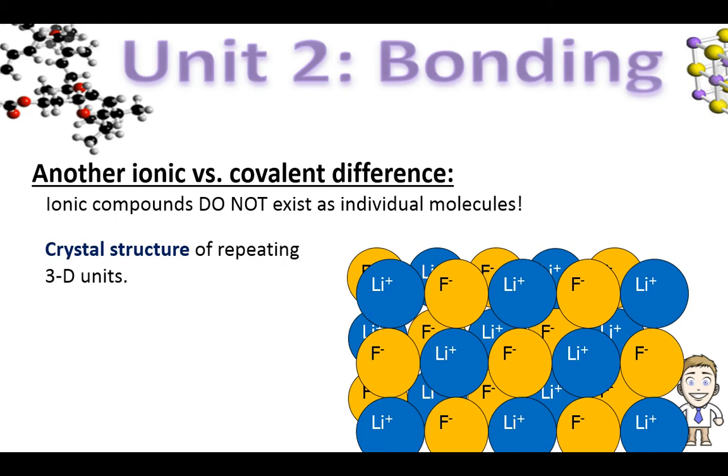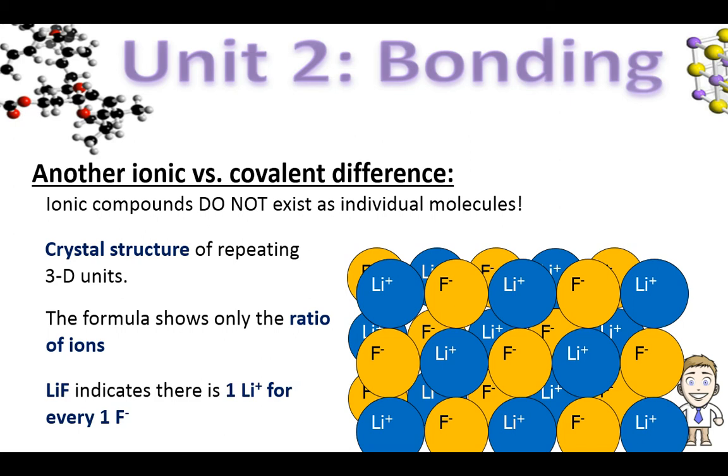What we call this is a crystal structure of repeating three-dimensional units. What really matters here is that when you write the formula for lithium fluoride, LiF, it's only showing the ratio of ions in the crystal structure. So LiF would indicate that there's one lithium cation for every one fluoride ion, but no individual LiF molecule.